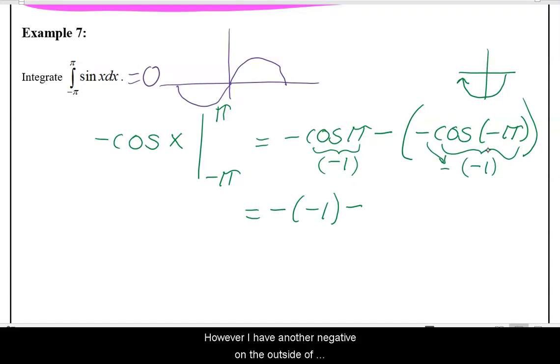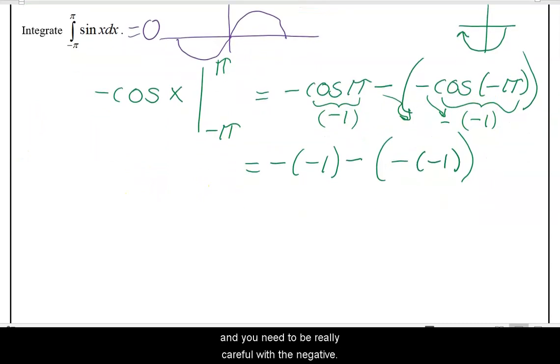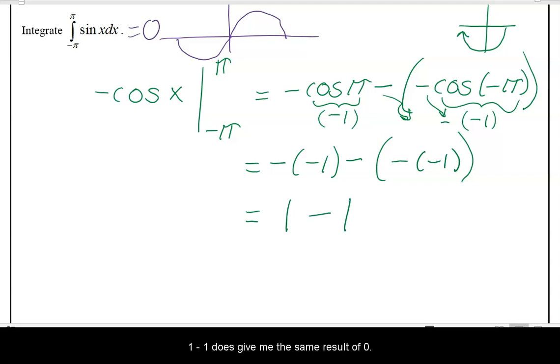However, I have another negative on the outside of that and another on the outside of that. This is going to give me, if I do them in steps, 3 negatives in a row. You can see here why I say that this is somewhat risky and you need to be really careful with the negatives. This will give me a positive 1 for the upper limit of integration substitution, and 3 negatives will give me a minus 1 on the lower limit of integration substitution. 1 minus 1 does give me the same result of 0.